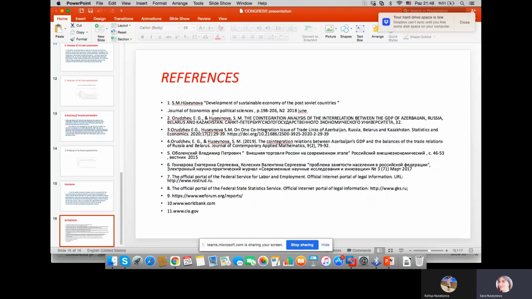And in the references, I used 11 literature sources, and first of all, the development of sustainable economy of the post-Soviet countries.